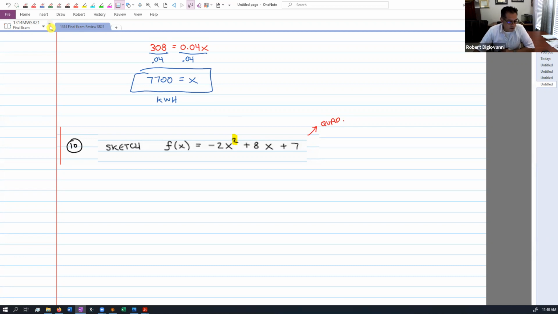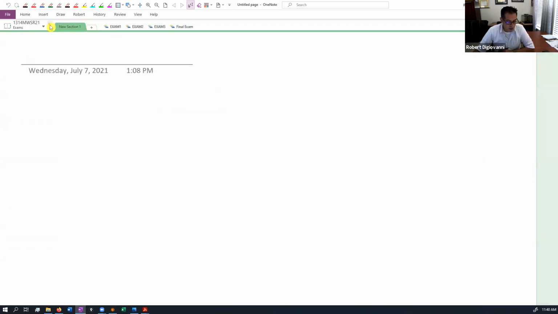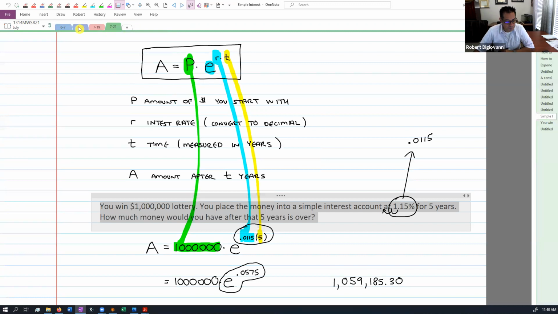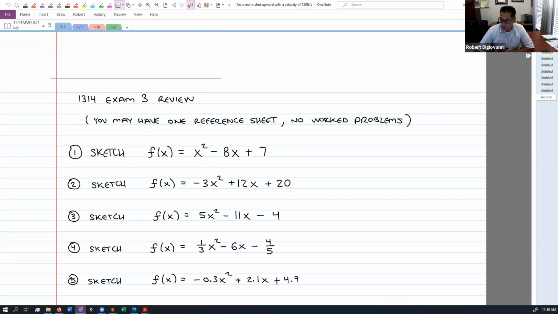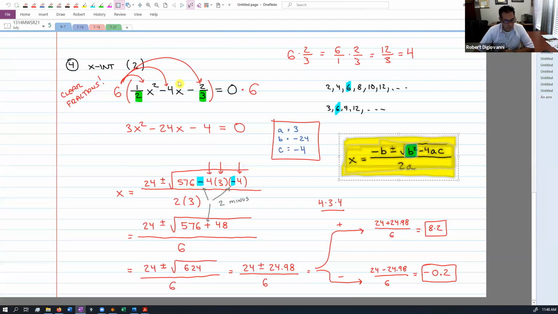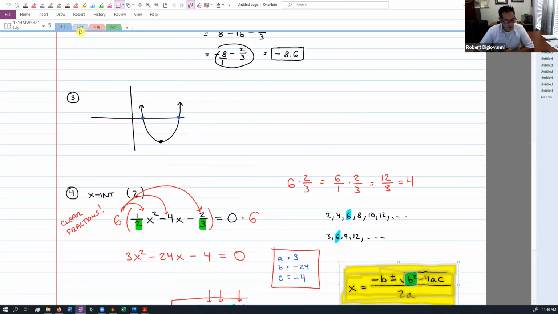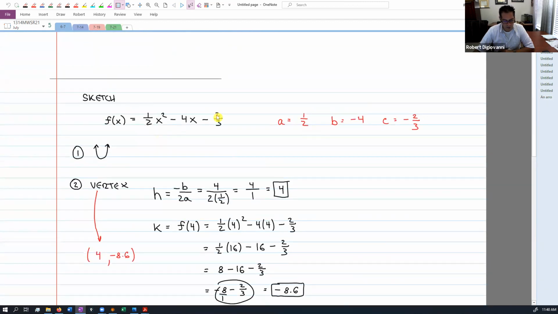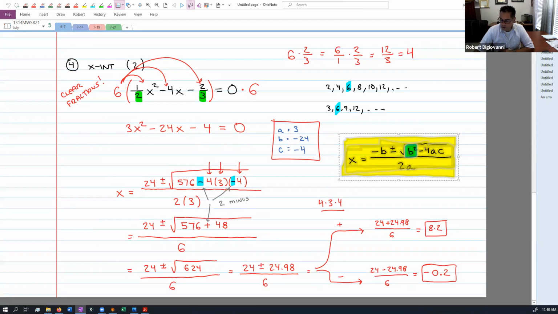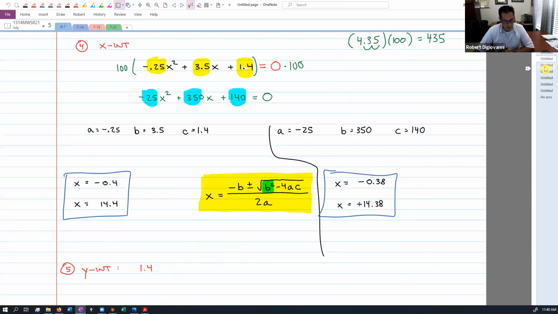And let's see if we can find the steps. I'm going to try and do this quickly. Let's see. Yeah, here we go. So yeah, this should be it. This is sketching. So where were our steps?